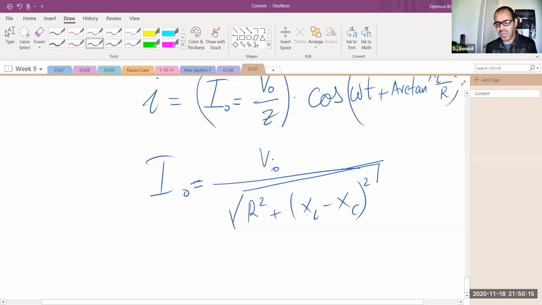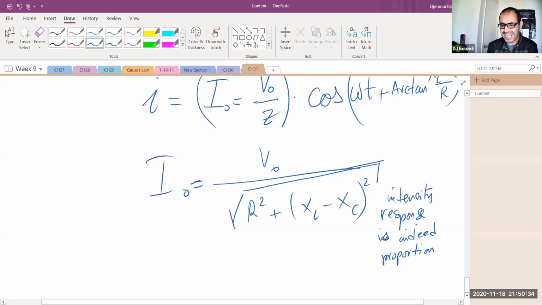So if I kill V naught, if I kill the voltage, I naught will be 0. So the response is indeed proportional. The intensity of the response, not the actual response, is proportional to the excitation V naught, as we expected.